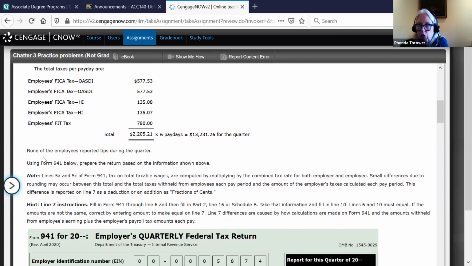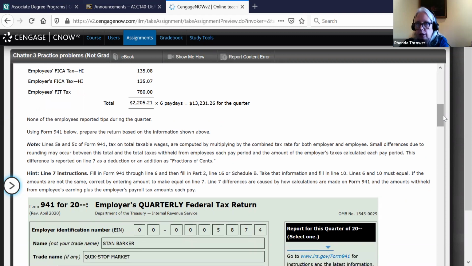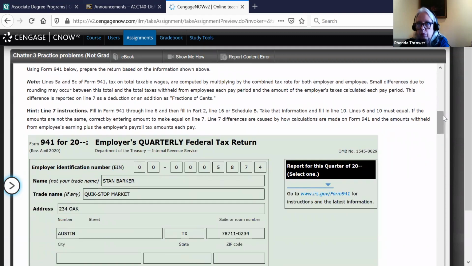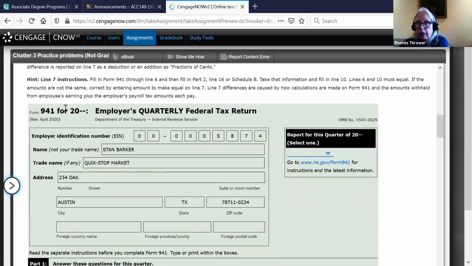Additional information is none of the employees reported tips during the quarter. Using 941 below, prepare the return based on the information above. And again, they've given you some hints about the instructions, which are basically the same as they gave you in the last problem. So we begin by filling out the employer's identification number.